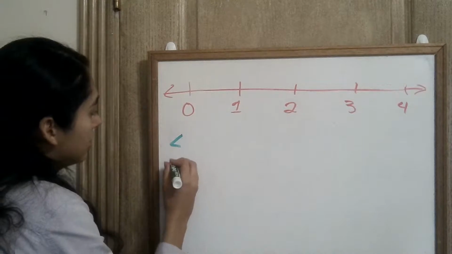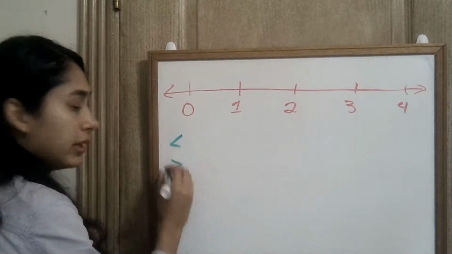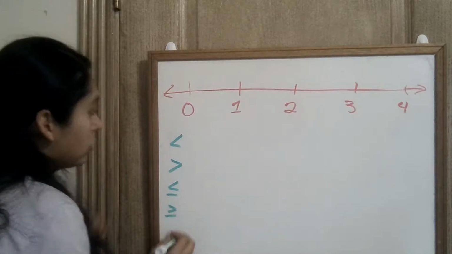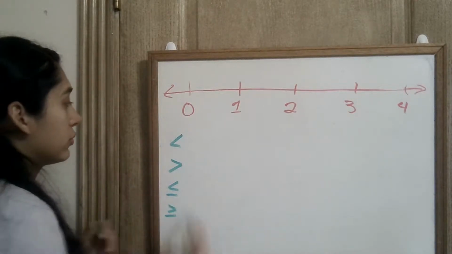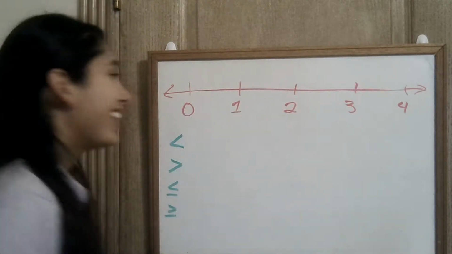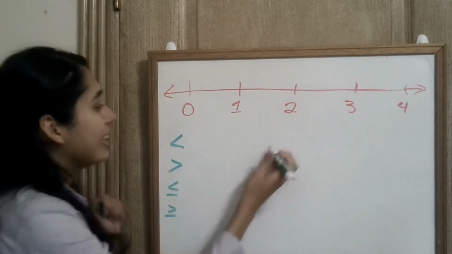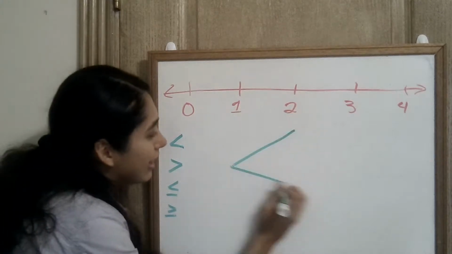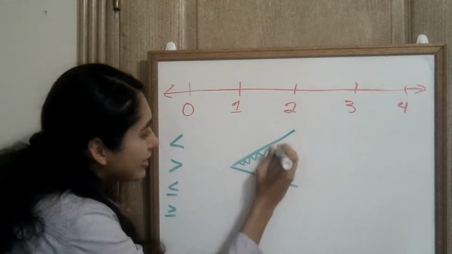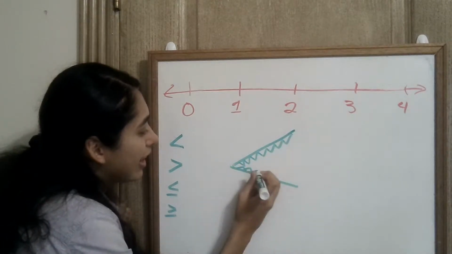Less than, well, it depends how you're reading it too. So these are 4 different symbols. A good way that really stuck with me when I was learning this is to think of this as an alligator or a crocodile, and these are the teeth.